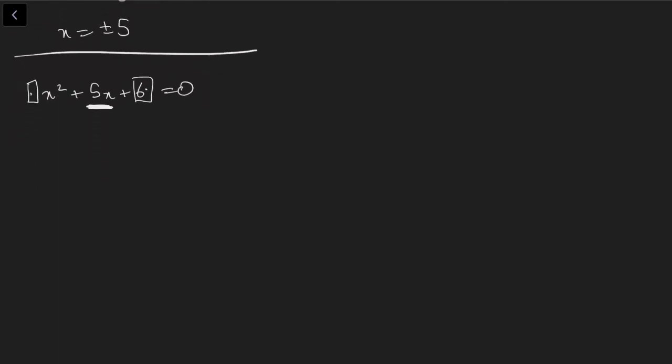So what I mean is, first you have to find out the product of the coefficient of x squared and the constant without a variable. So that's 6 into 1, that's 6.